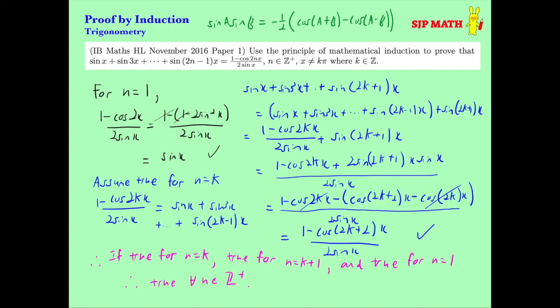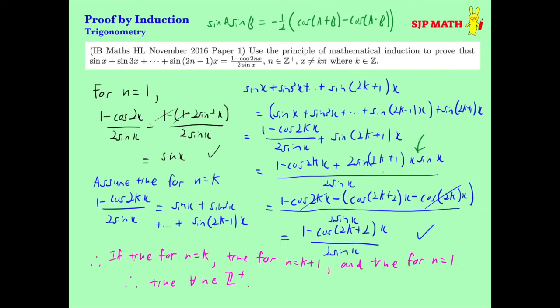It's a pretty interesting problem, because you have to be skilled or creative at noticing what to do in this step, because you want to have some way to find a cosine (2k plus 2)x, and you want to cancel this out by addition, because this is subtracted from something.